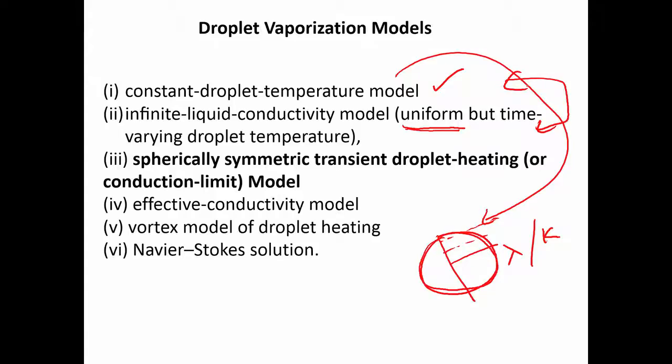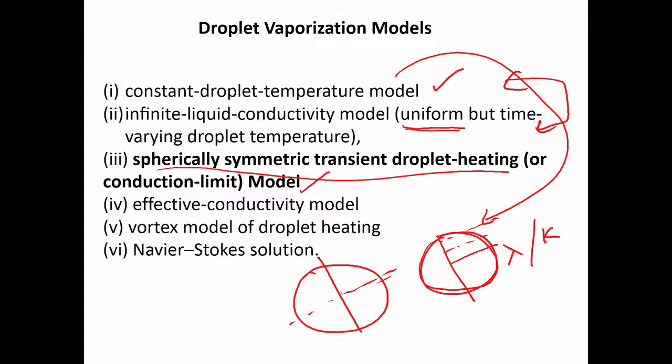Then there is the spherically symmetric transient droplet heating model. In this model, the liquid temperature within the droplet is not uniform. There will be a temperature gradient, so there will be a variation of temperature within the droplet.